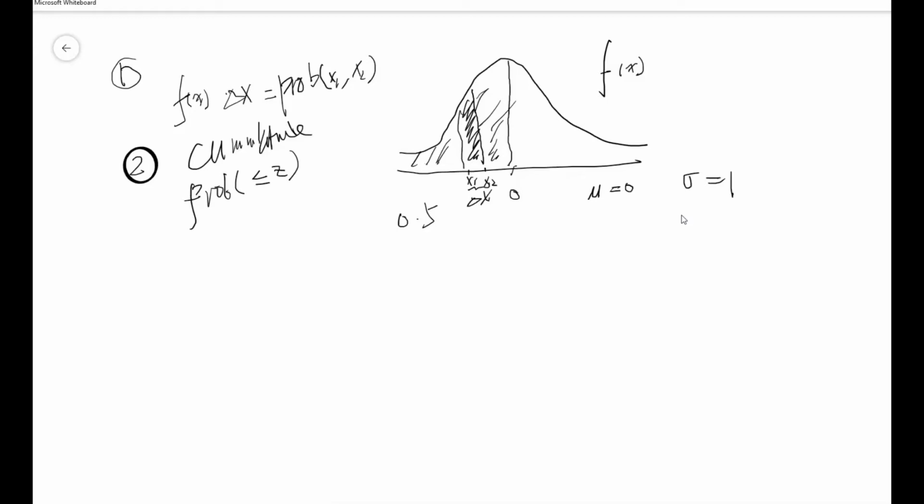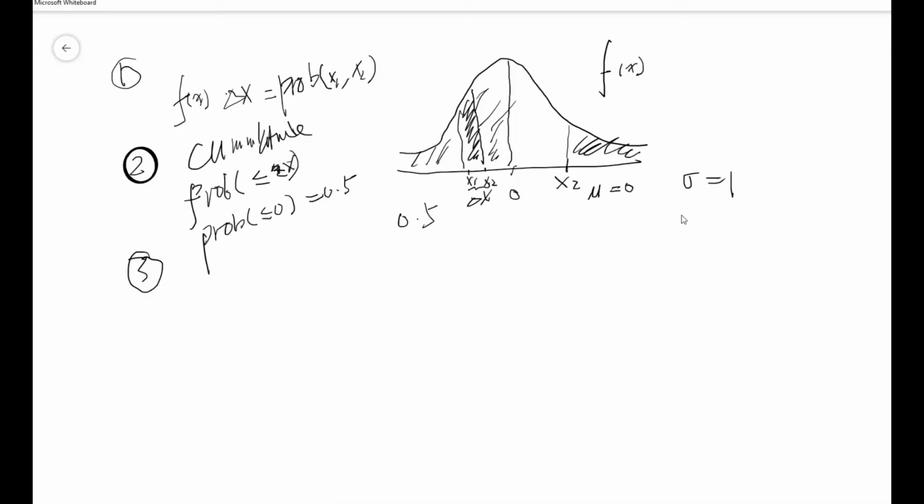If we randomly pick an x value, the probability less than or equal to it is called cumulative. For 0, the probability less than or equal to 0 is 50%. Now suppose we choose a value x2.